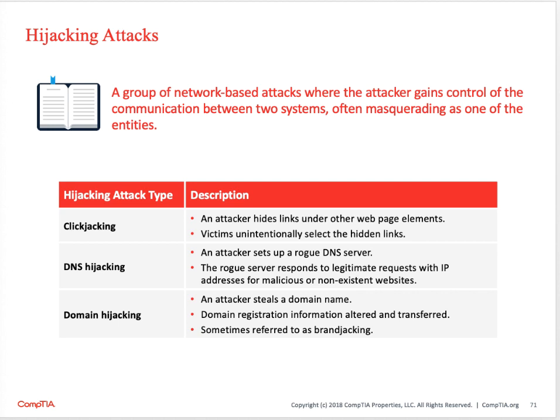DNS hijacking is where the attacker sets up a rogue DNS server that responds to legitimate requests for IP addresses with ones for malicious or non-existent websites. So we're just trying to mess you up there.